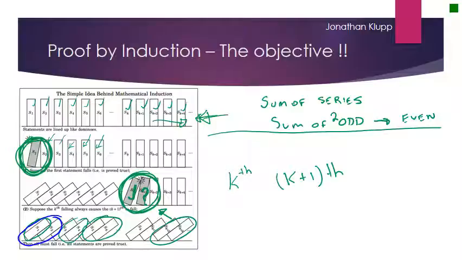Having shown it to be the case for the second one, we now know it has to be for the third and the fourth and the fifth and the sixth. And you can see that working in this model, there is in fact no limit to how far we go. So we'll talk through this structure in a bit more detail in a moment.